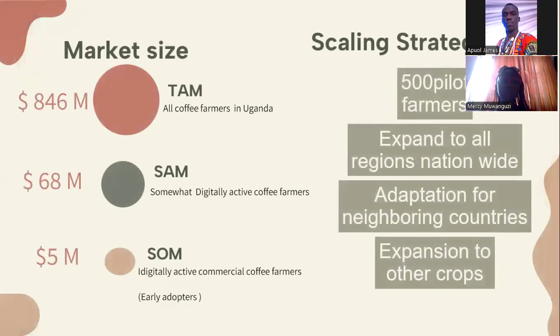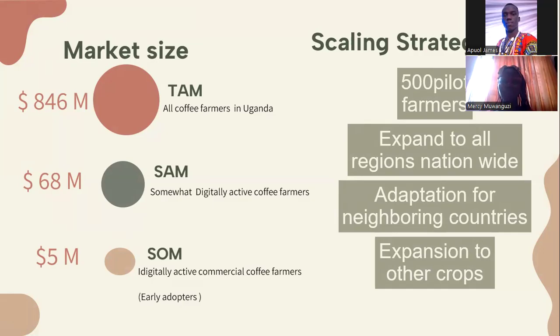Our total market size is 846 million. Those are all the coffee farmers in Uganda. From this, we can attain 68 million USD as our attainable market. And from this market, we are sure that 5 million USD in value is going to be obtained.